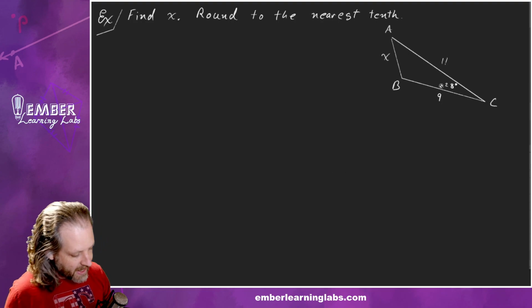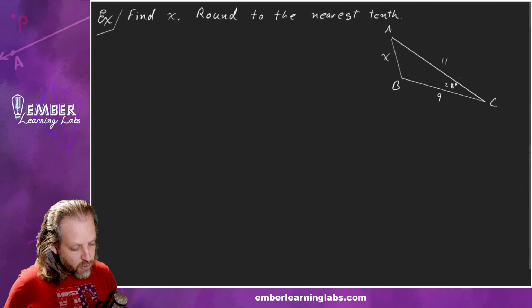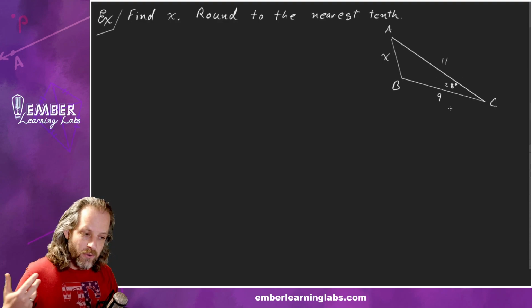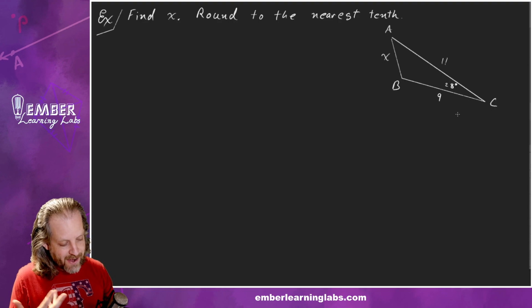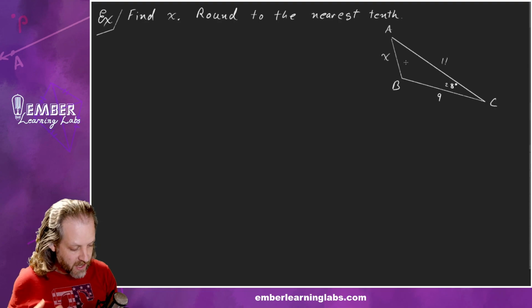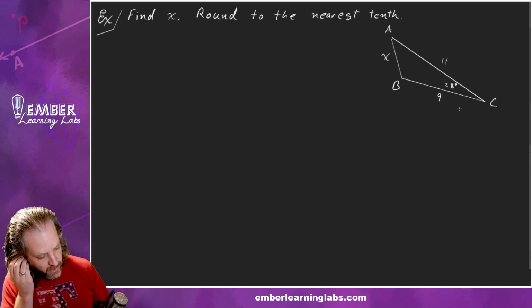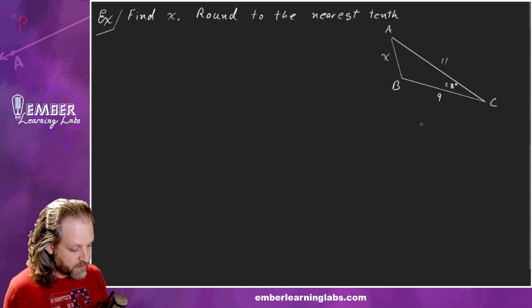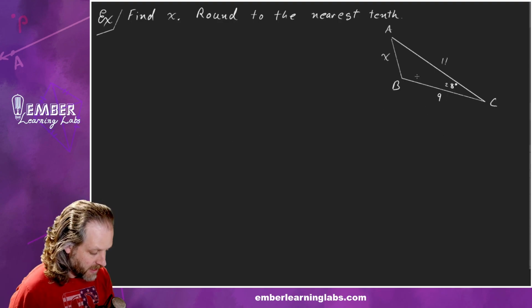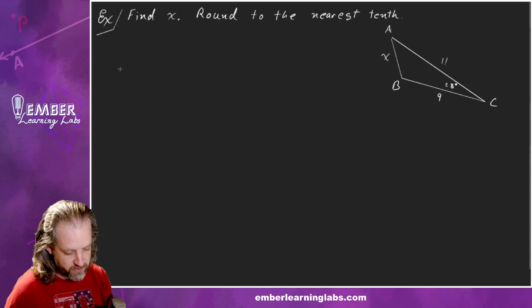Let's do it with some numbers and kind of show you what we're doing. So we're trying to find x. This is exactly what I'm talking about, where in this case, we only know one angle. And if we only know one angle, we can't really use the law of sines very well. We need a couple different angles, or we can't quite make it work here. So let's set this up. It's the side opposite. This x is the one that's opposite of the other two that we have here.